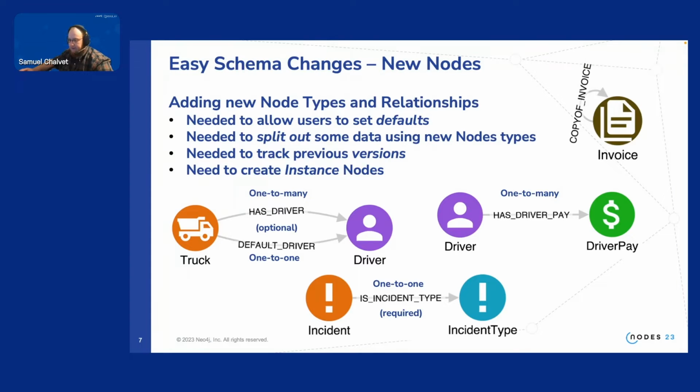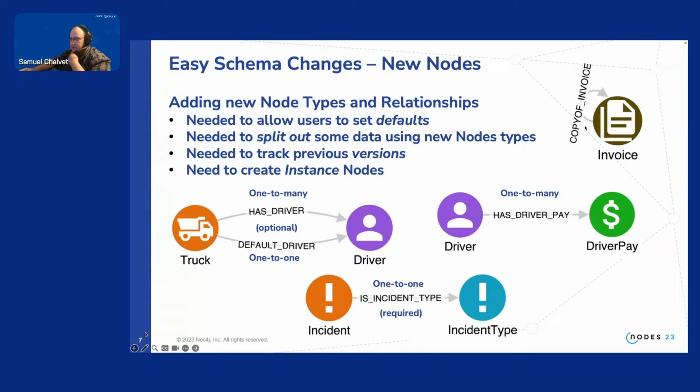Adding just a relationship there solved that for us. Or splitting out data: drivers might have driver pay, but they needed to be able to have a different pay based on different dates, so we just pulled that out and created a new relationship with a new node that we roll up in our queries.